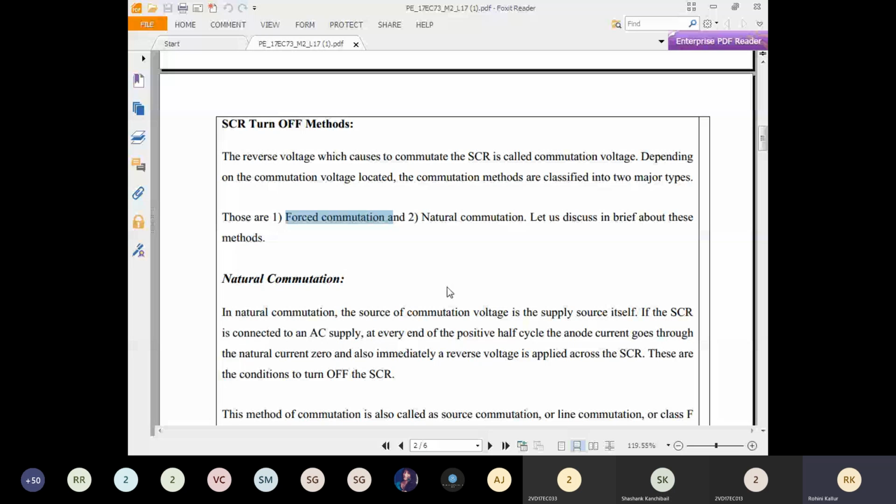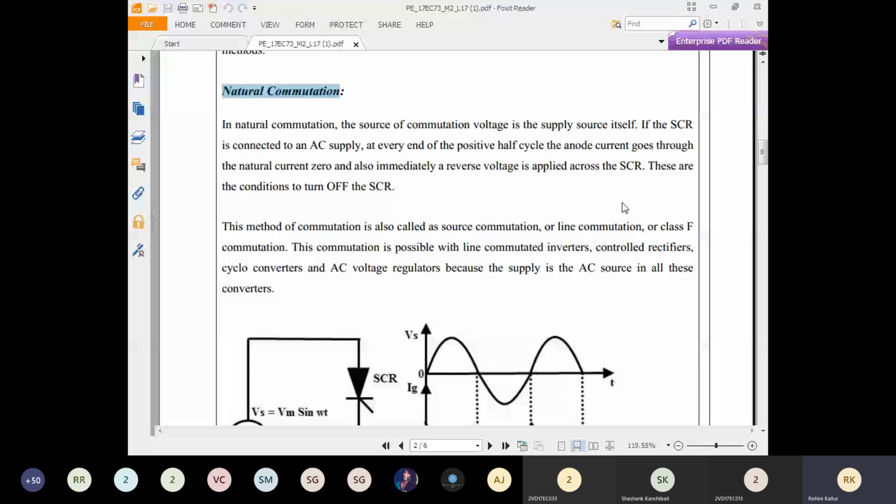So the first type of commutation is natural commutation. Natural commutation, as the name suggests, is the commutation which happens on its own. That means whenever I apply an AC signal to the circuitry, there will be consecutive positive as well as negative half cycles.